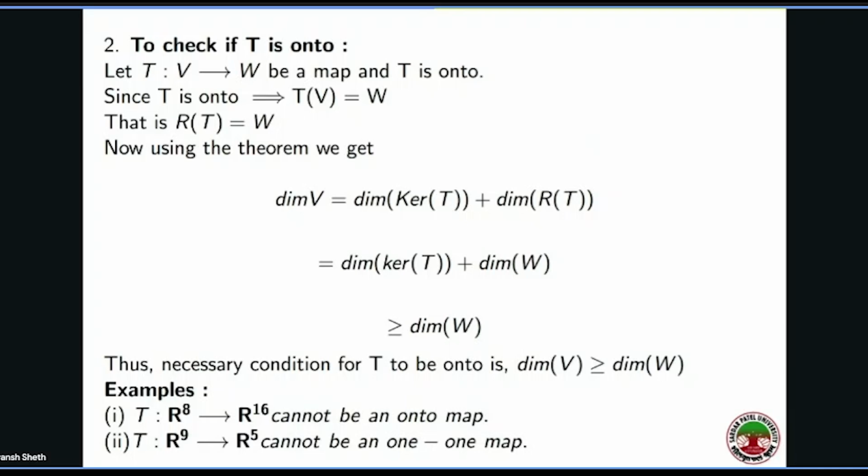So this is always greater than or equal to the dimension of the codomain space. So from this argument, we come to a conclusion that the necessary condition for T to be onto is that the dimension of the domain space must be larger than or equal to the dimension of the codomain space.